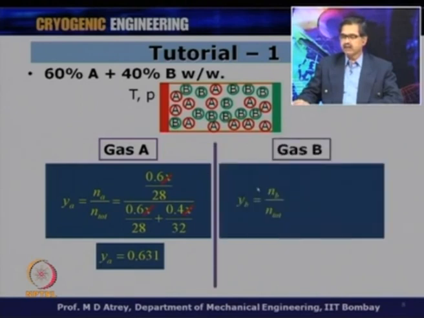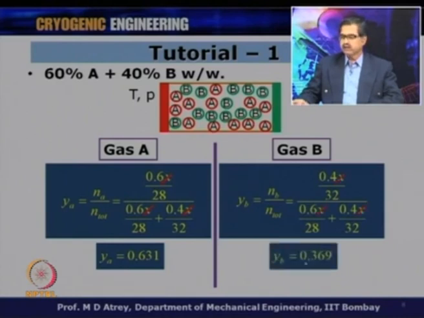If we come to gas B now, we have Yb is equal to Nb upon N total, and we write the value of Nb in the numerator and the total number of moles in the denominator. Again, the answer will be Yb is equal to 0.369, that is 36.9% is the molar fraction of B. So, the 60% A by weight and 40% B by weight get reduced to 0.631 molar fraction of Ya and 0.369 molar fraction of Yb.